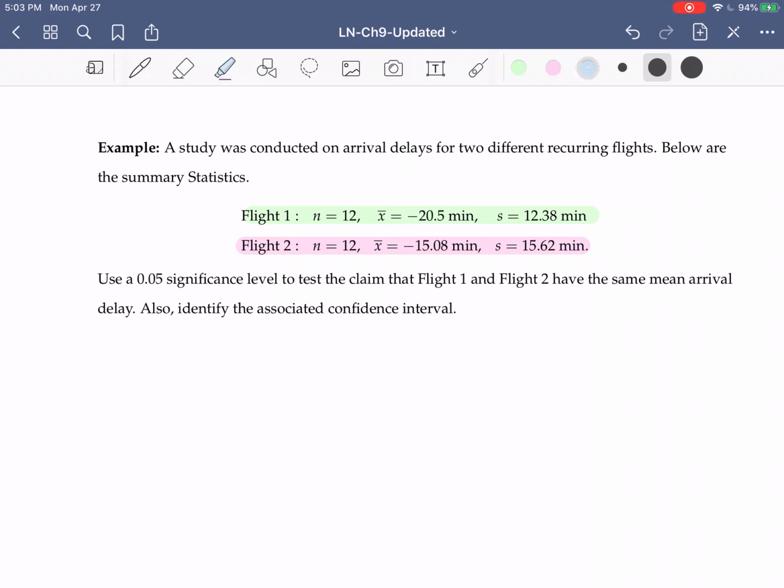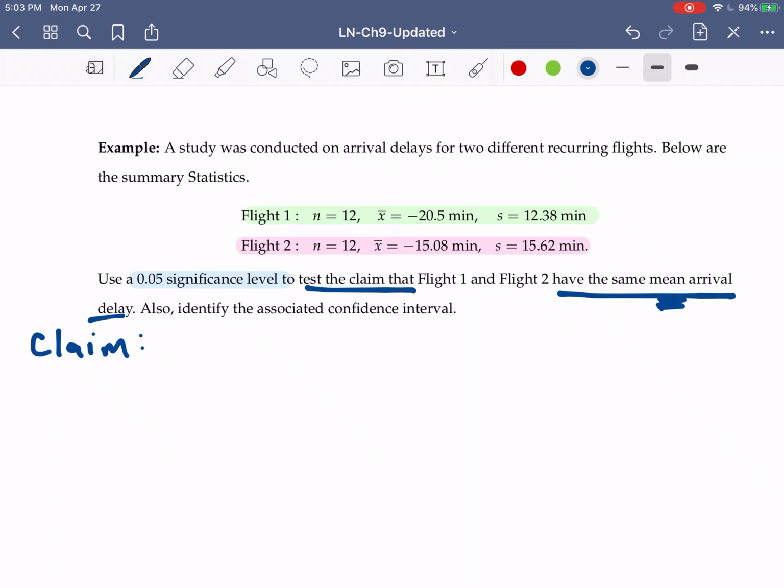We want to use a 0.05 significance level to test the claim that, what is the claim we are testing? Test the claim that Flight 1 and Flight 2 have the same mean arrival delay. So let's write symbolically the claim. It is a claim about the mean.